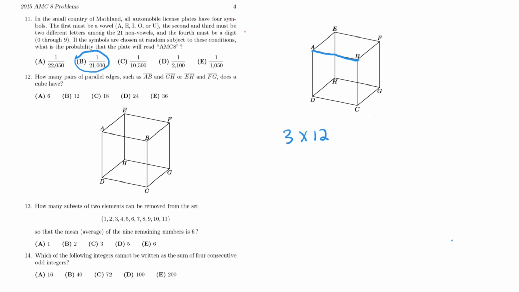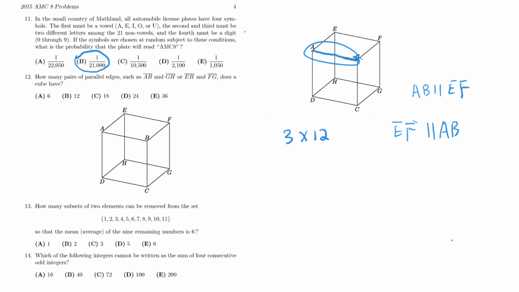But each pair of edges is counted twice. We count AB parallel to EF. That's one pair for AB. We also counted for EF, where we still have EF parallel to AB.